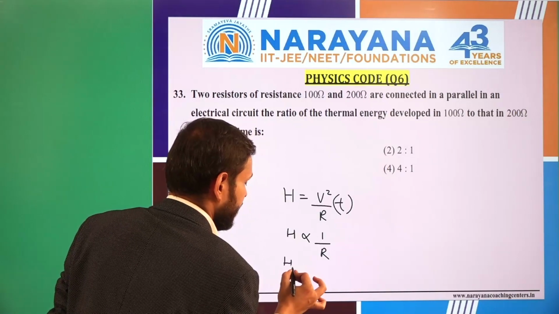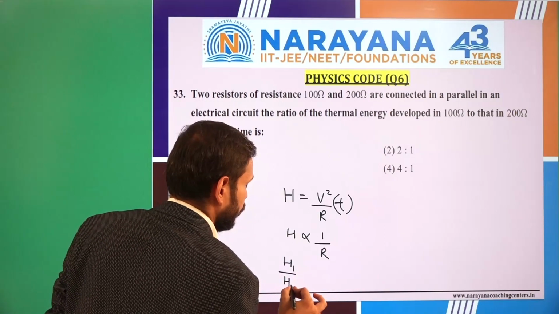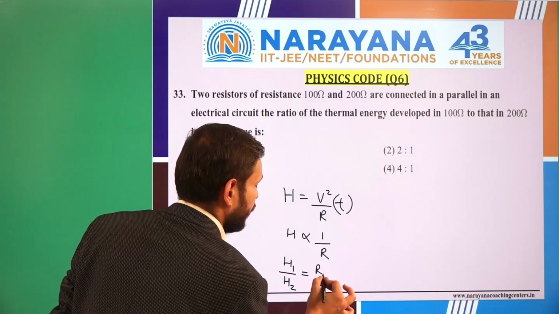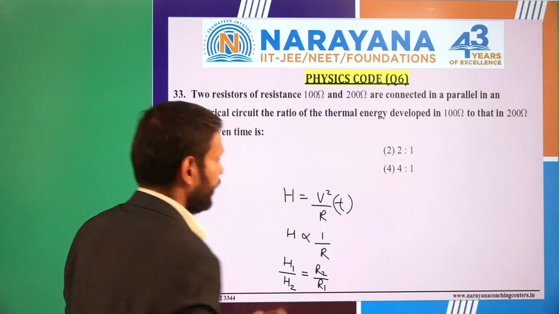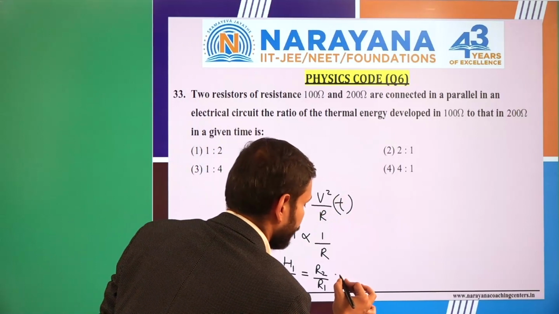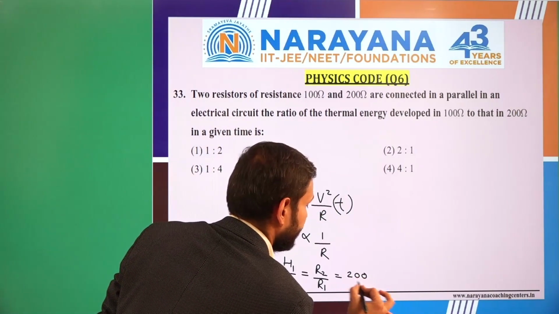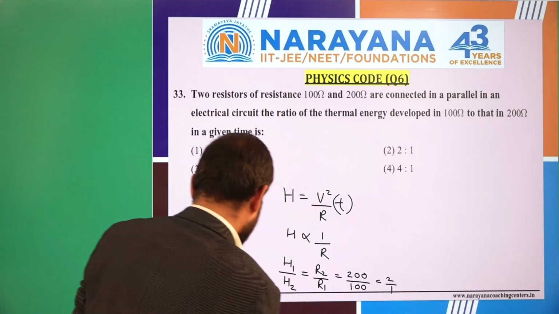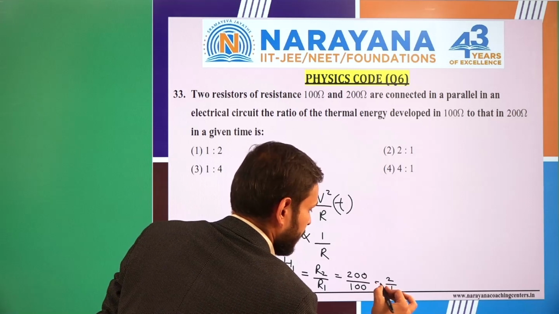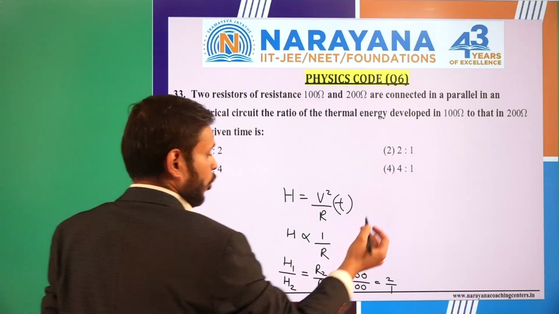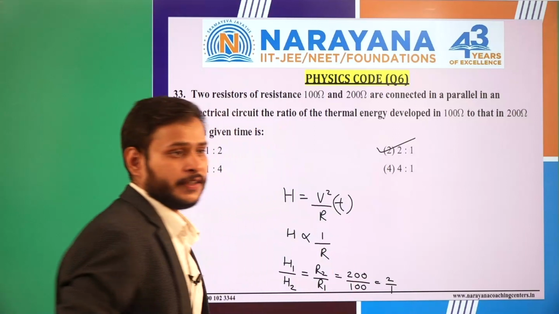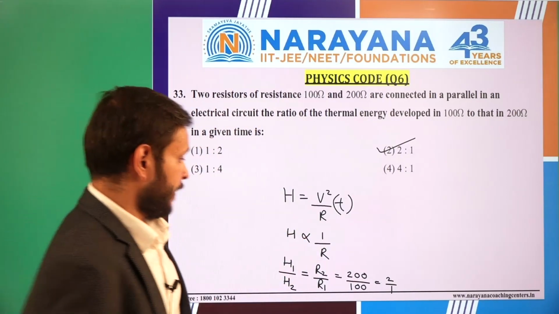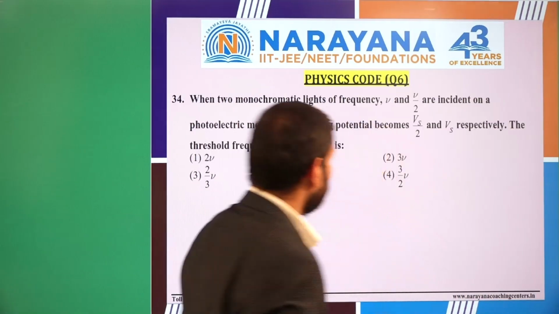We will say H1 upon H2 is equal to R2 by R1. The second resistance is 200 ohm and the first one is 100, so this will be 2 by 1. The correct option over here is option number 2, that is 2:1. Let's move to the next question.